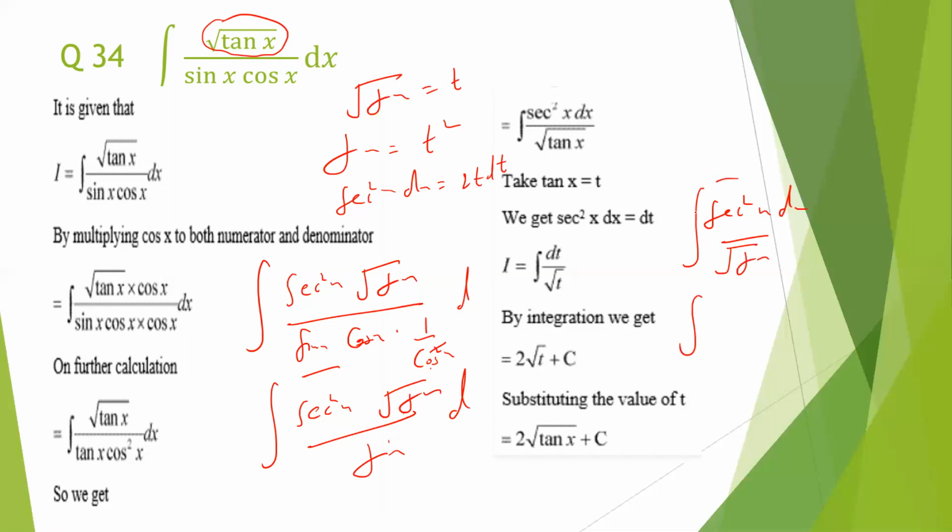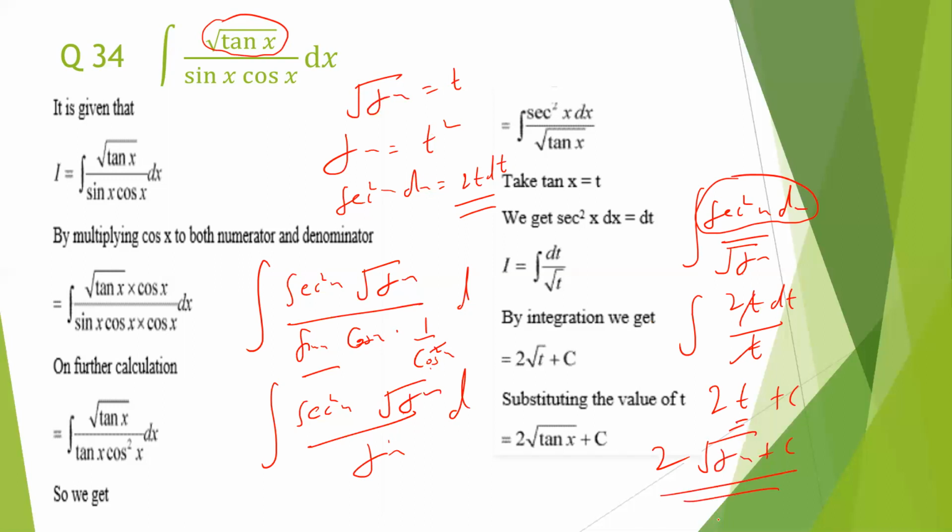Now put the value. Sec square x dx equals 2t dt, and root tan x equals t. So the integration is 2t plus c. Put the value of t, that is root tan x. So many times, as I told you, multiplying and dividing by the same thing can be very, very helpful. Clear?